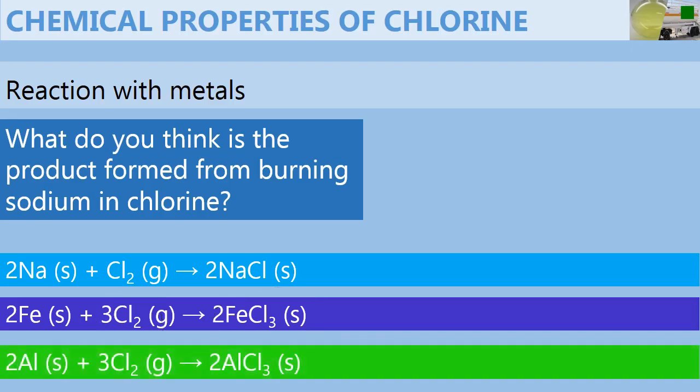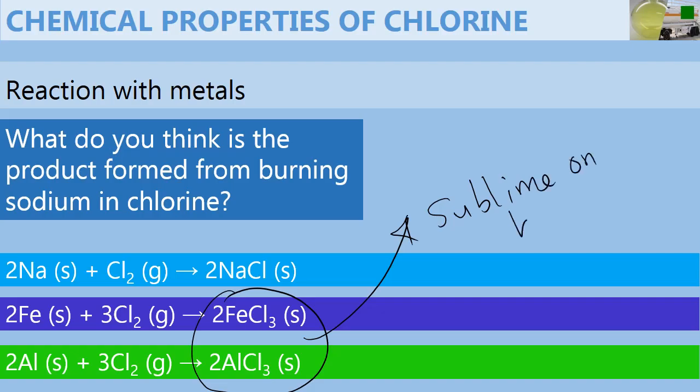Another one is aluminium chloride. It is important to note that aluminium chloride and iron 3 chloride sublime on heating, while sodium chloride does not.